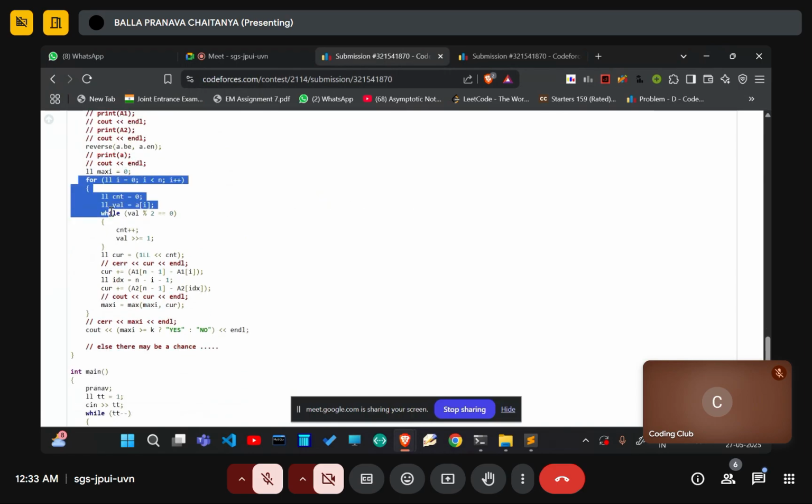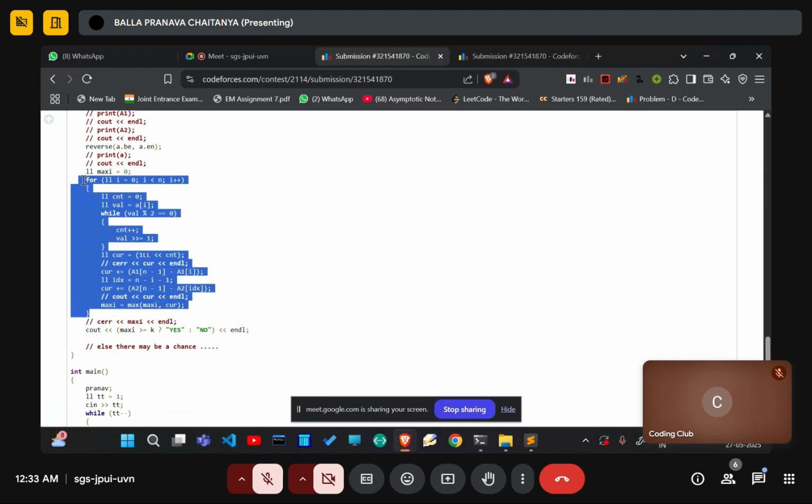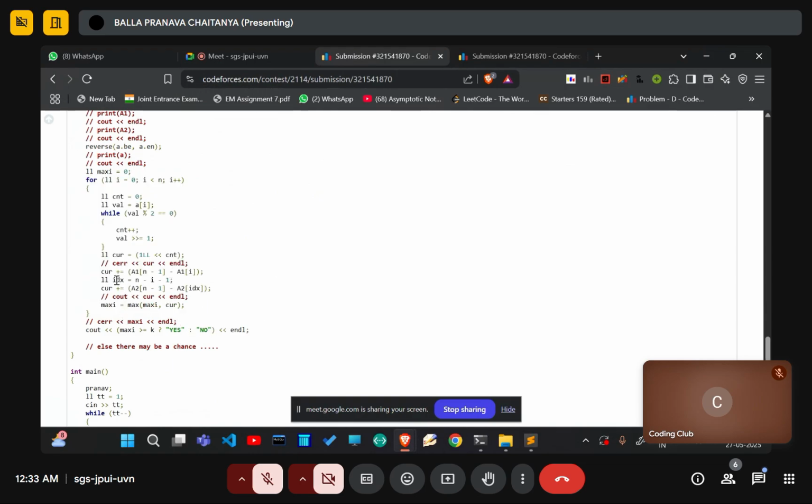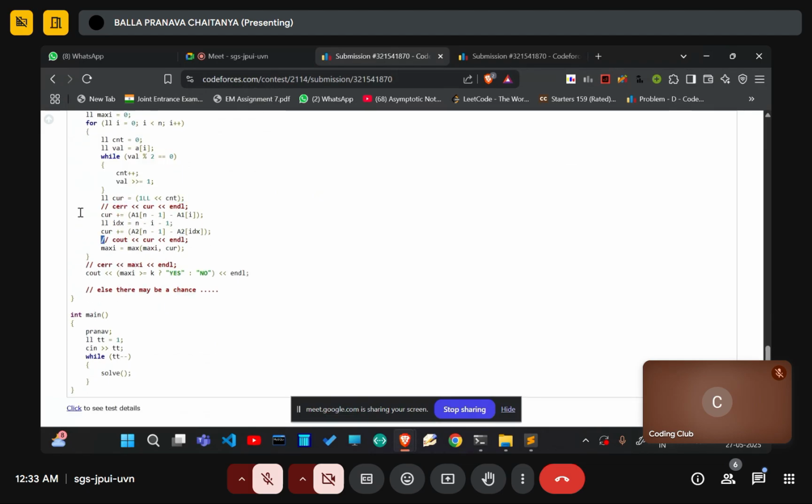Then I have considered starting from each and every element, and tried to find the maximum answer possible for them. First of all, we'll build that element, which will cost us 2 to the power whatever, n times n operations at max. Then this is for the prefix, and this is for the suffix.